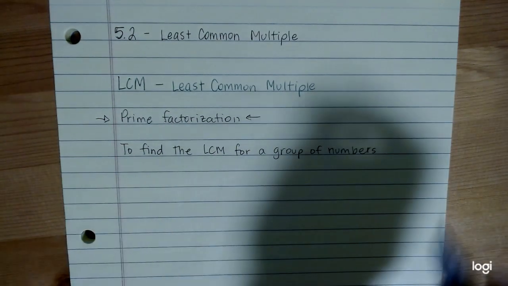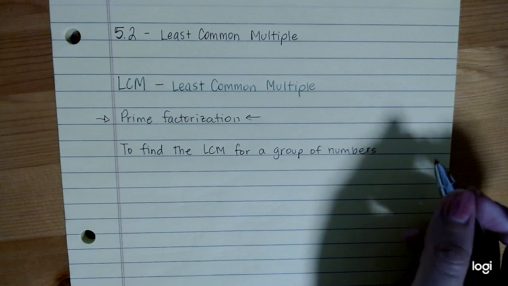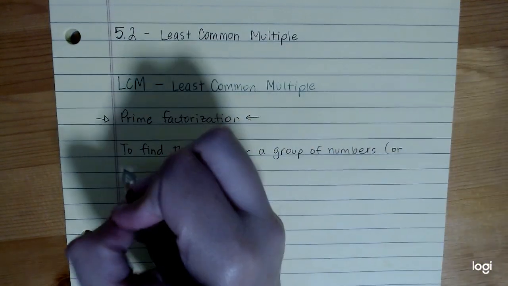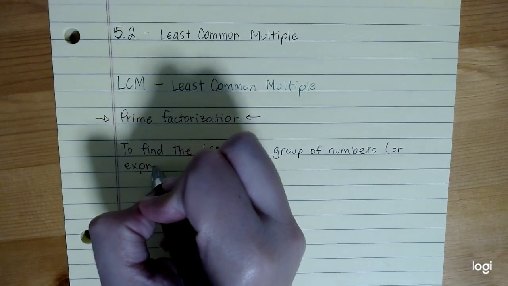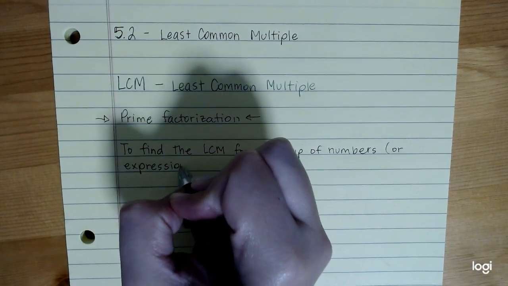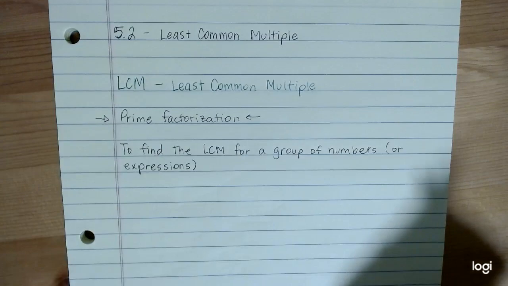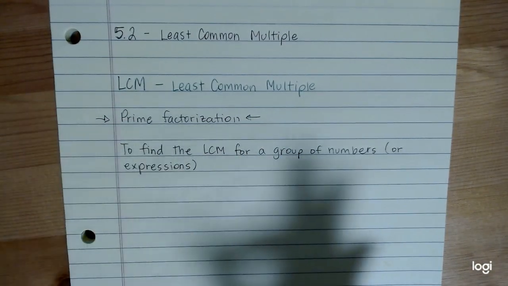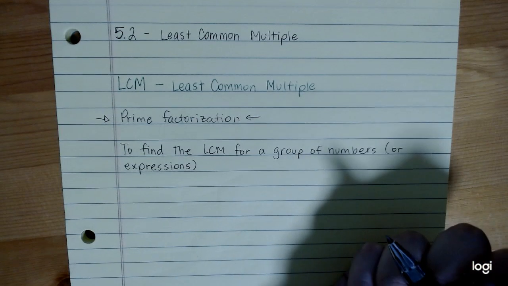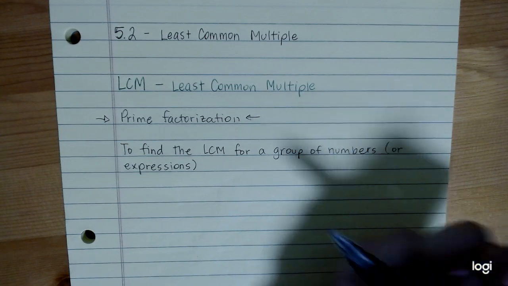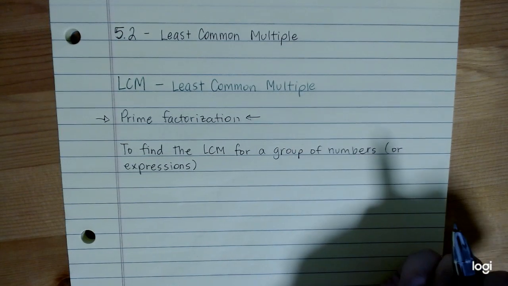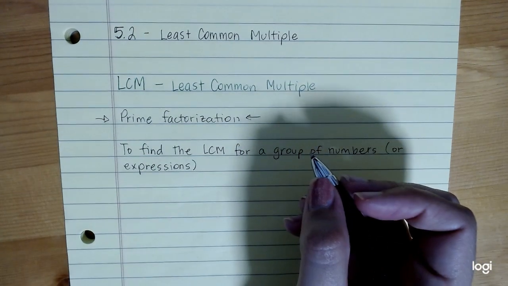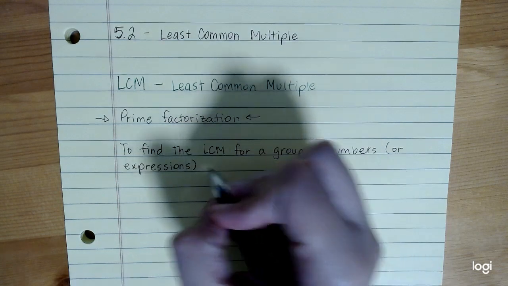So to find the least common multiple for a group of numbers or expressions, because remember we are in an algebra class, so we don't just deal with numbers, we also deal with algebraic expressions, so we do have to extend this idea out into our algebra sphere.